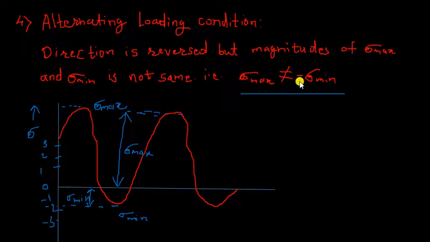So the stress values are not equal, that means their magnitudes are different in the alternating loading condition. No doubt they are of opposite nature, like the maximum stress is tensile and the minimum stress is compressive. This is just an example, don't bother about these figures.